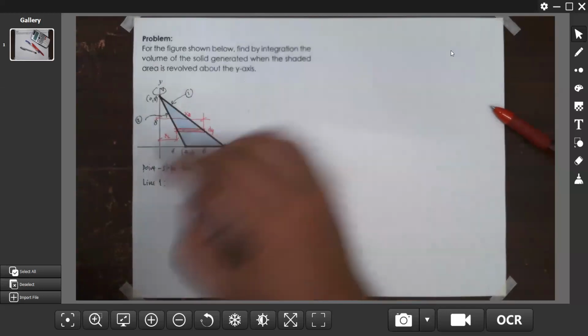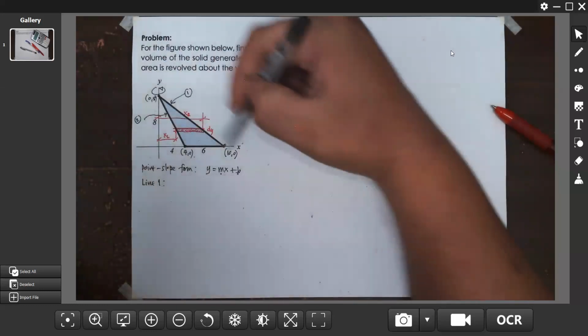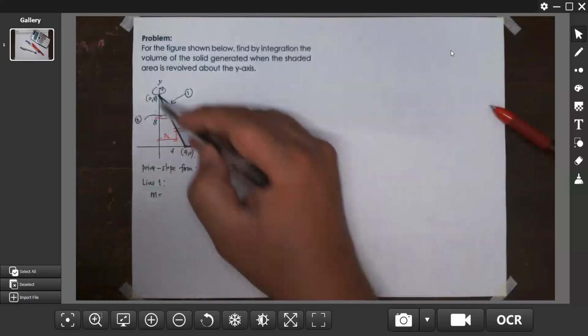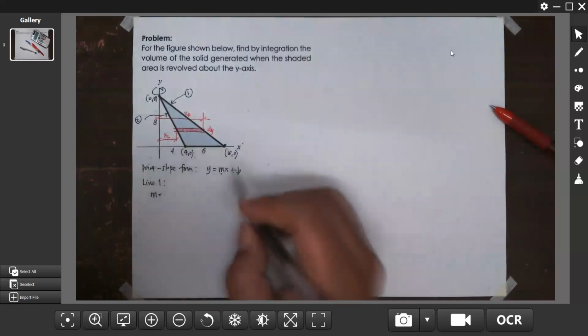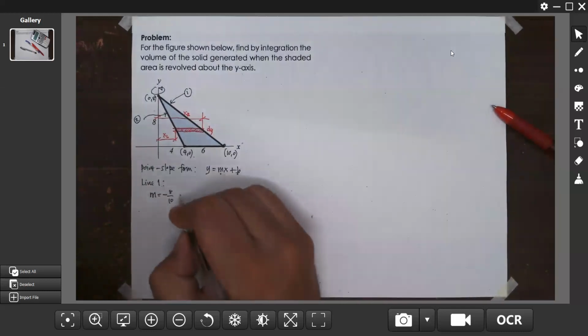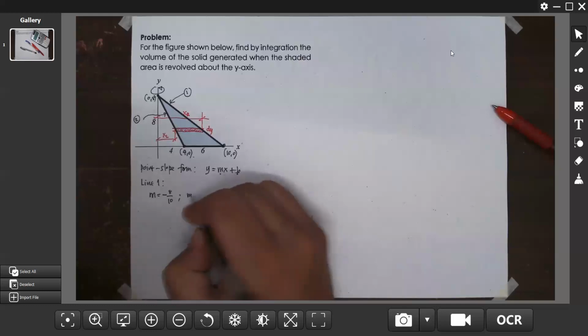So the slope of line 1 is rise over run, that's negative 8 over 10, or simply m equals negative 4/5.